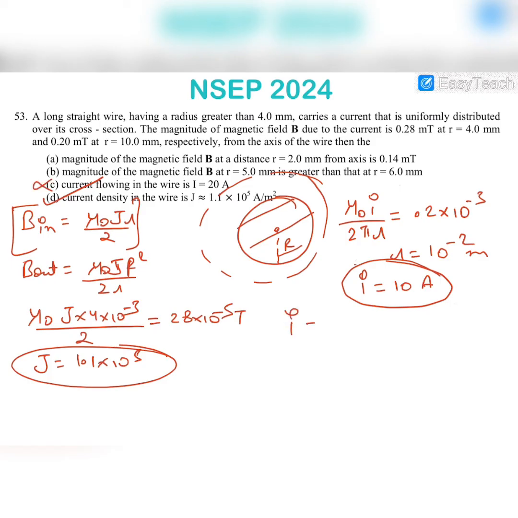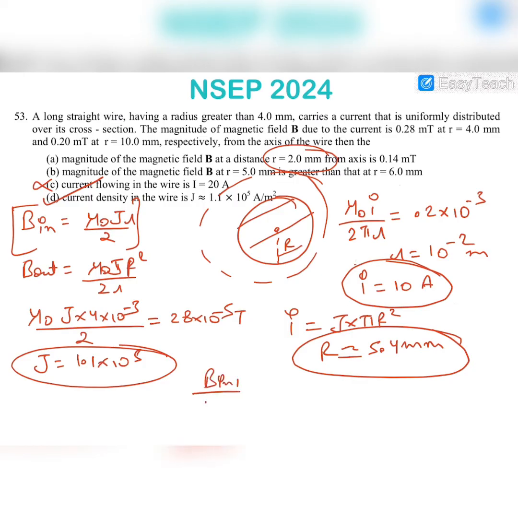Now I is equal to J into pi R square. So R will be approximately 5.4 mm for this wire. If we talk about option A, the magnetic field at r equal to 2 mm is also a point lying inside the wire because the radius is this. So we can say that B in 1 upon B in 2 will be r1 by r2.